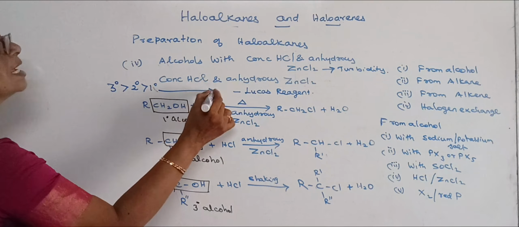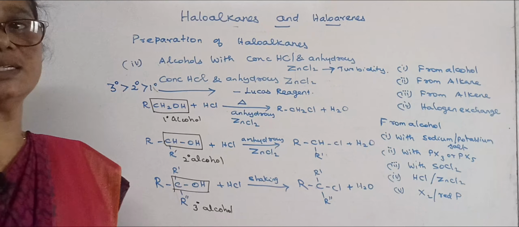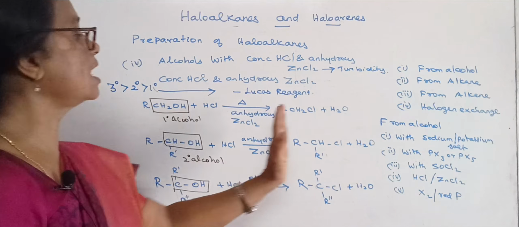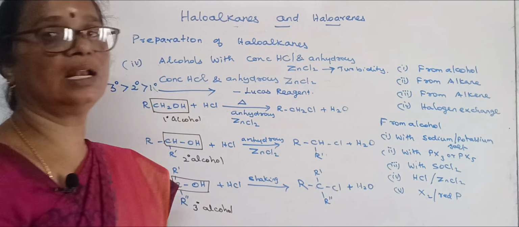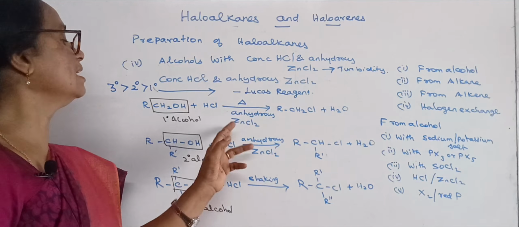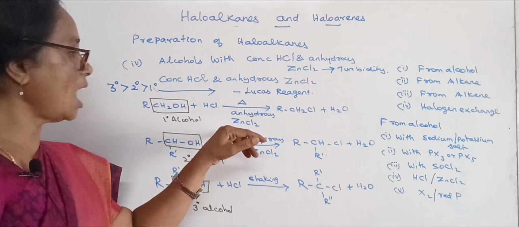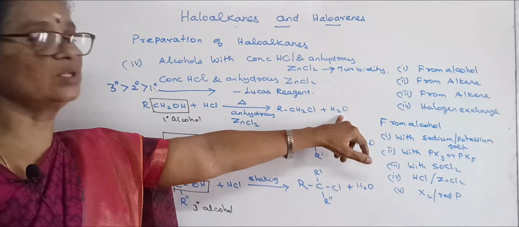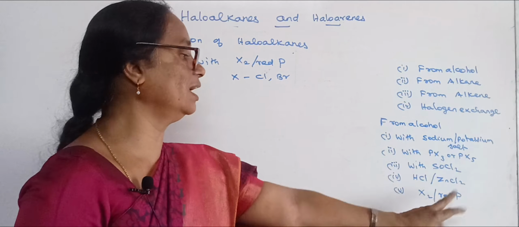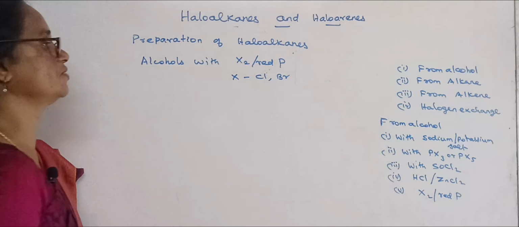In this case the corresponding alcohols are converted into alkyl halides. And why do we take anhydrous zinc chloride? It absorbs the water produced in the reaction. The last one, we have alcohols with halogen in presence of red phosphorus.